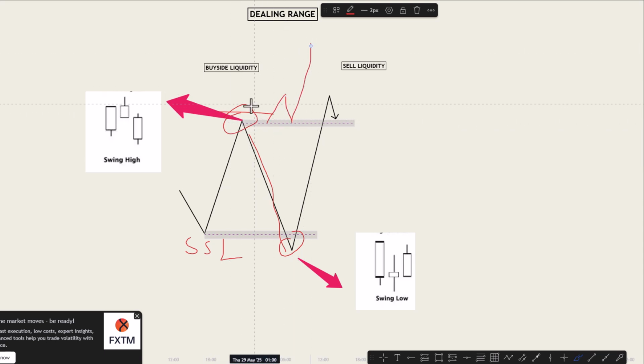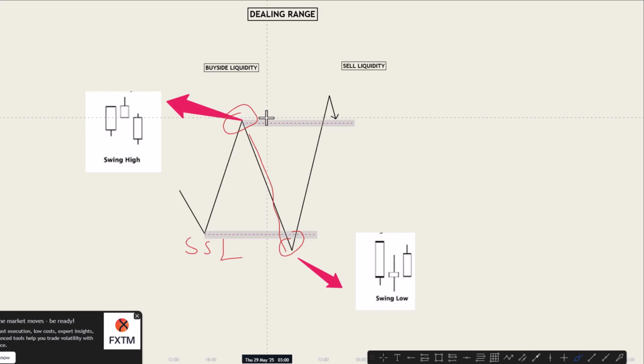So this gives us a pool of buy side liquidity. So now, having this on your chart, you know that you have a buy side liquidity level and a sell side liquidity level. So what does this mean? This means that when you are to identify a daily range, you need to understand these two concepts, the buy side liquidity and the sell side liquidity.